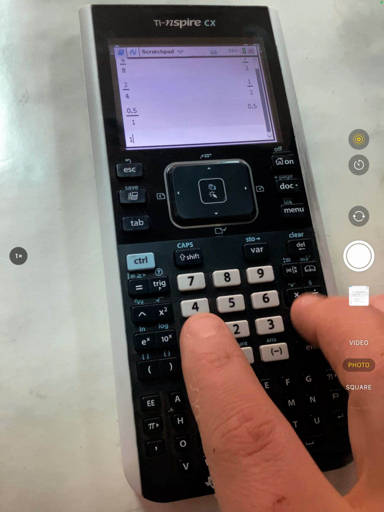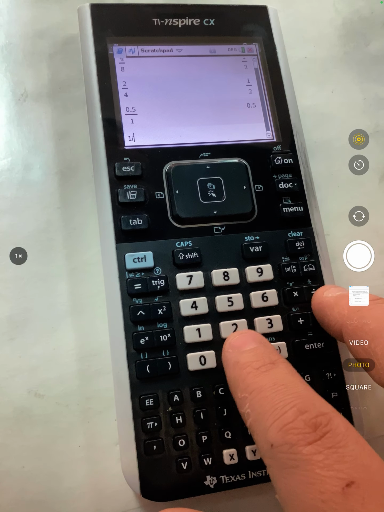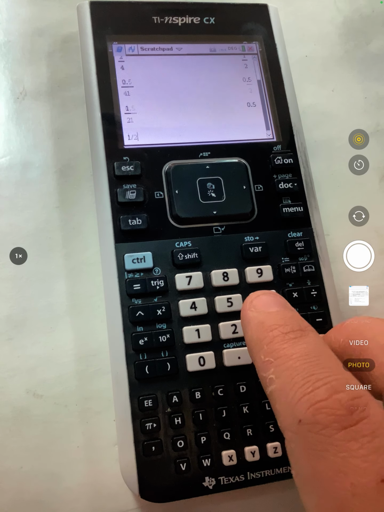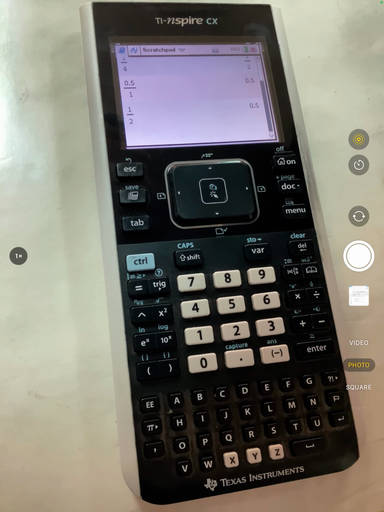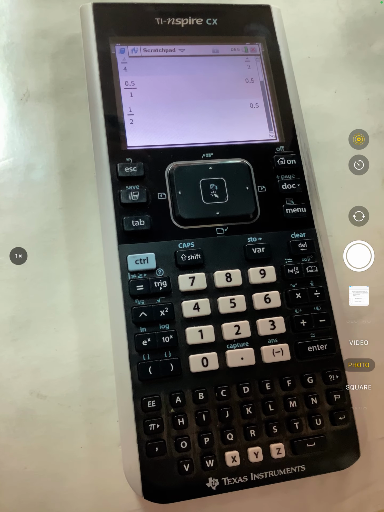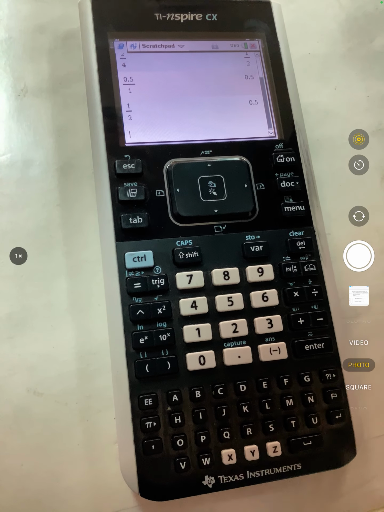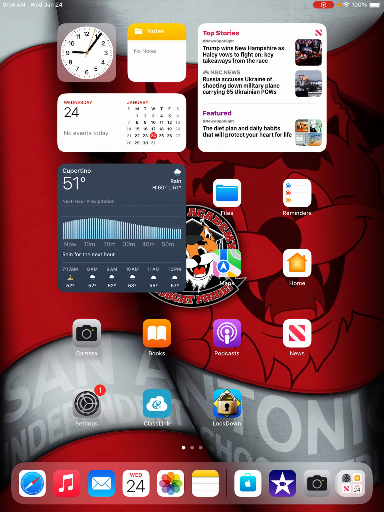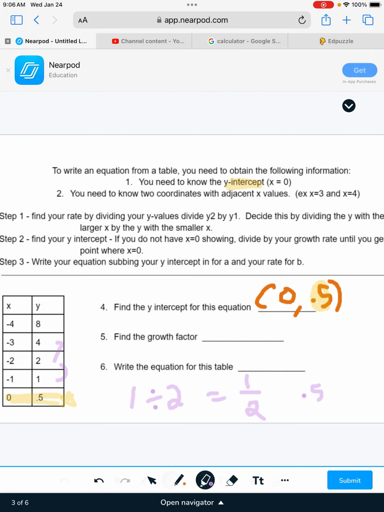If I do 1 divided by 2, and I hit Control Enter, it would still give me the decimal of 0.5. So yes, it is something that is either going to be a fraction or a decimal. And we can write this either way, depending on what the choices in the STAR test are.